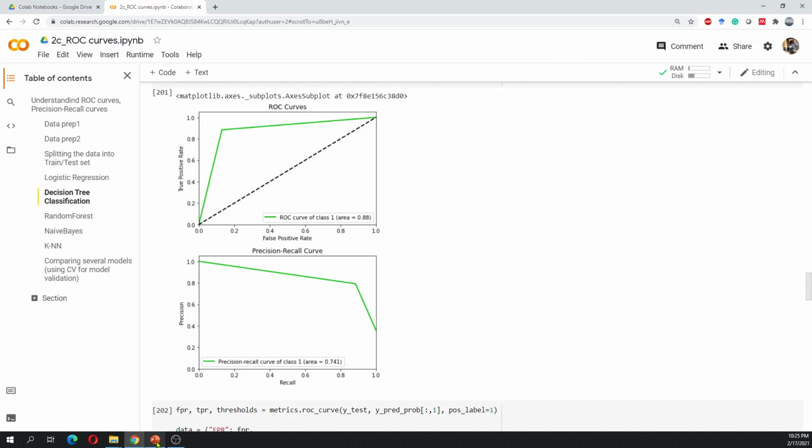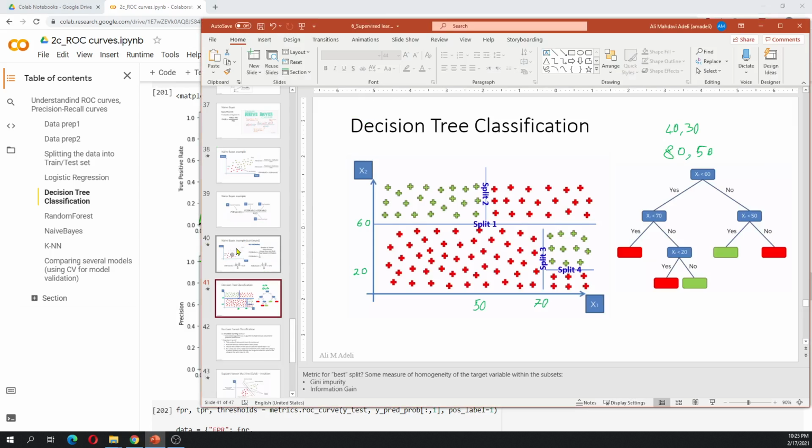So let me get back and tell you a little bit about how it would go about the thresholds in a decision tree. We said the decision tree basically works by splitting the data so that the resulting subgroups are more homogeneous in terms of a metric such as the Gini impurity, or by reducing entropy, based on information gain.